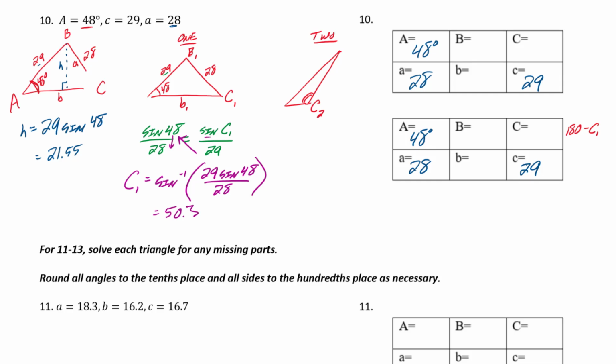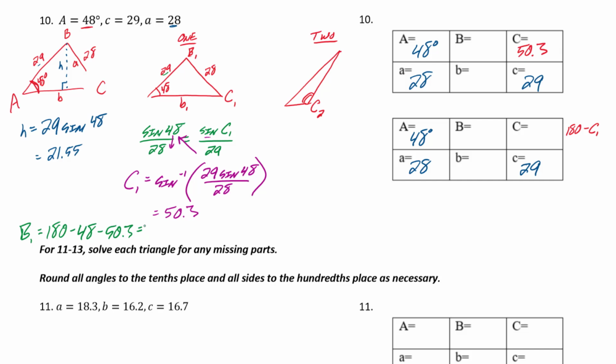If we go over to our solution on the right, we can say that angle C is 50.3, which then means I've got 2 out of 3 to utilize to my advantage. So off to the left here, B1 must be 180 minus those 2, so minus 48 minus 50.3.